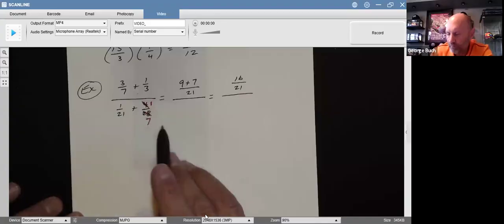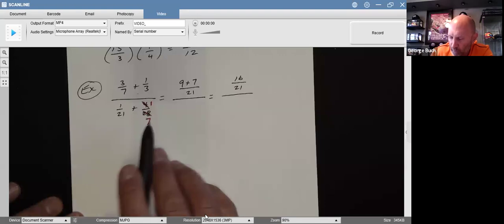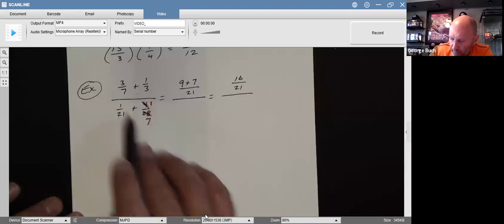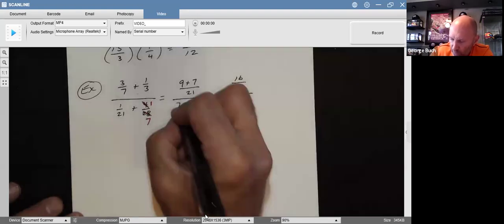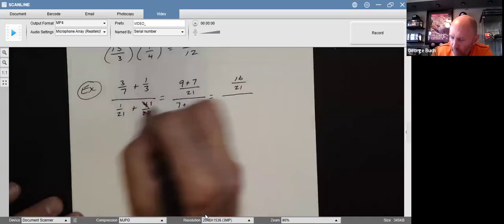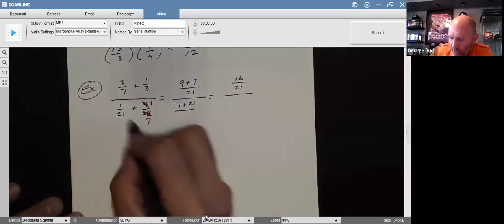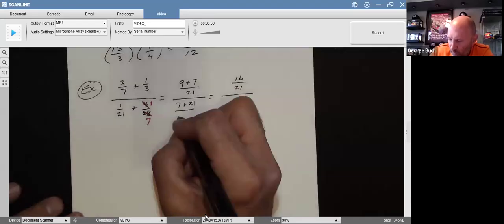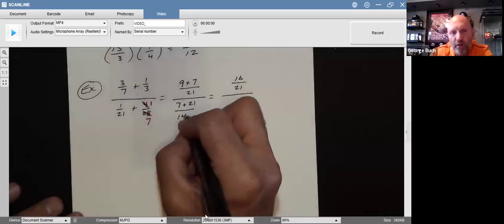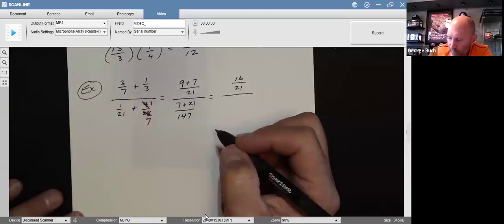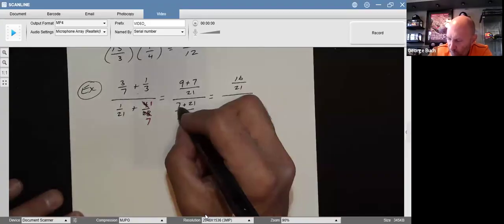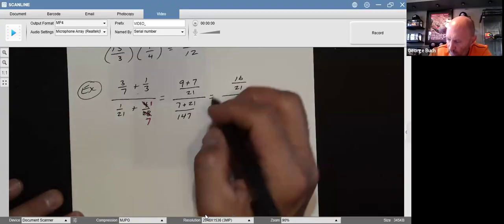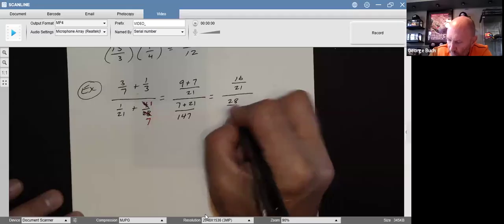And now it makes my life a little bit easier. So I have what? 1 times 7 is 7, plus 21 times 1 is 21, over 21 times 7, which is what? 147. So some messy numbers there. So add these two, 7 and 21 is 28, over 147.